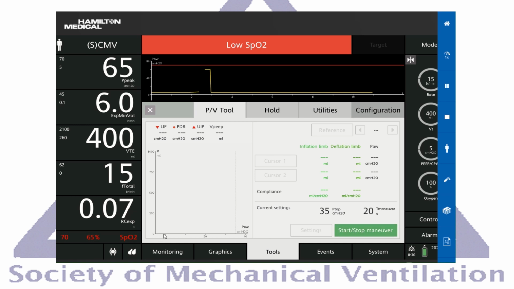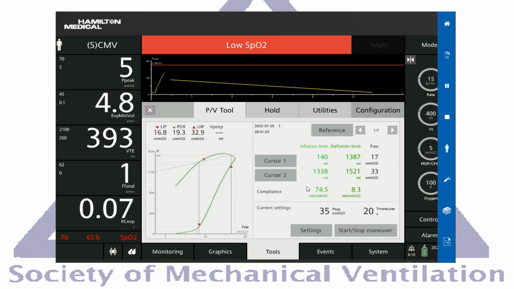Basically, it will be very slow inflation of the pressure and recording at the same time the tidal volume. We'll wait until the maneuver goes. I try to do it with a little bit slower pressure, or on another ventilator you can adjust the flow. You need the flow very low, at like 5 or 7 liters per minute. Always you need the constant flow.